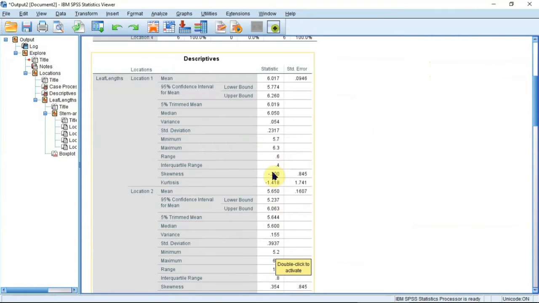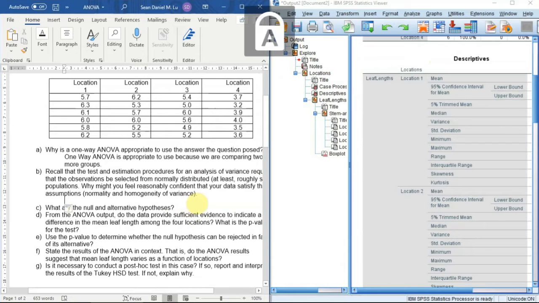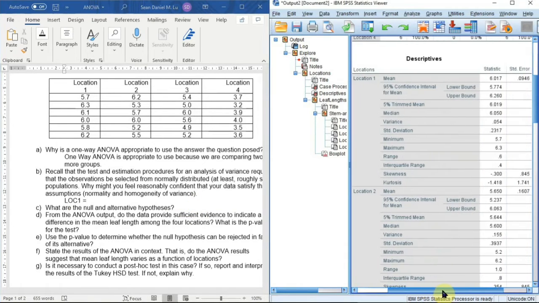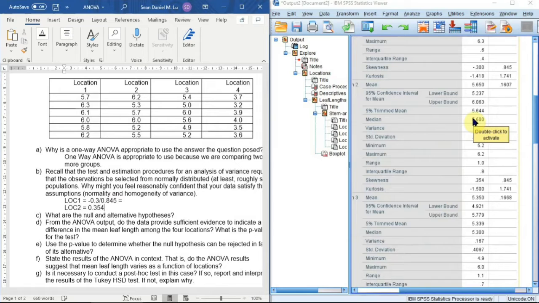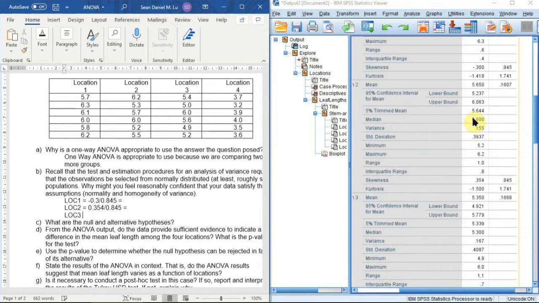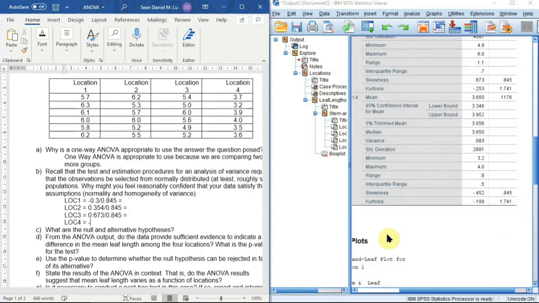Divide the skewness statistic by the standard error of the skewness. Now, since all of these locations are less than 2, they are normal.